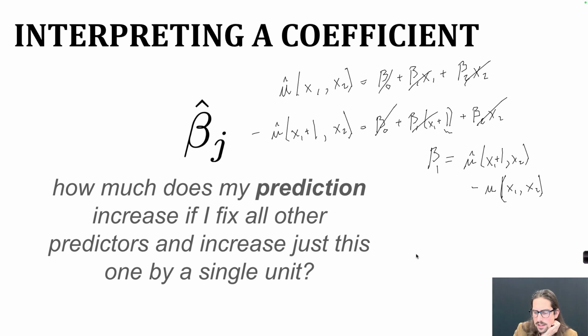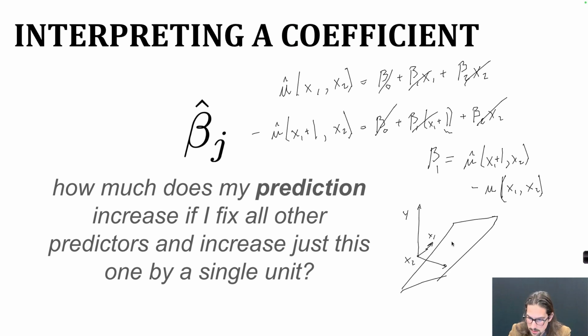And if you want to see that geometrically, you can imagine that this is your prediction surface. When you have a multivariate prediction, you're going to get a prediction surface that looks like this. So here's y, and here's x1, and here's x2.